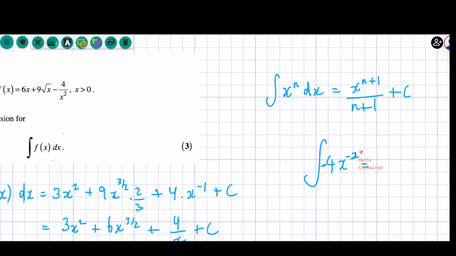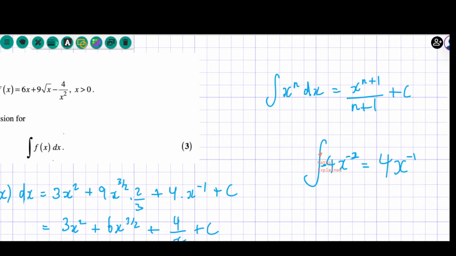Yeah, so then we add 1 to -2, so that becomes -1. Then you need to divide by -1. That's just the same thing as multiplying by -1, and so then the -4 becomes +4.